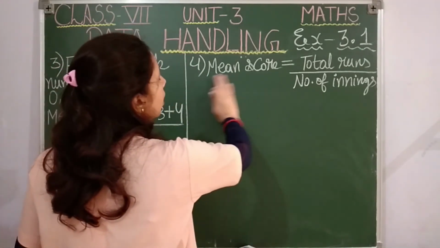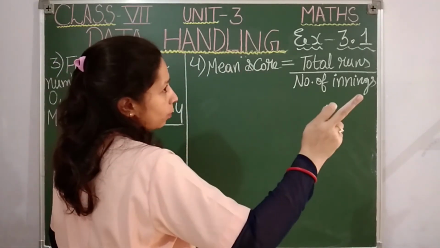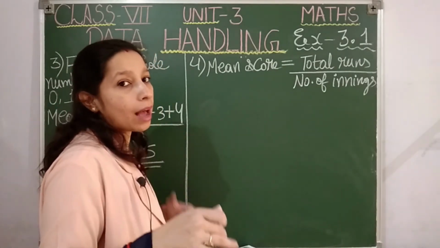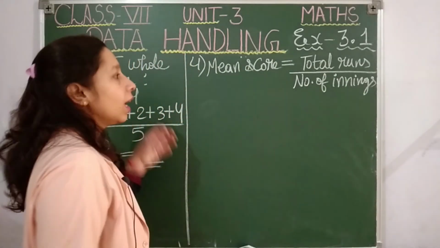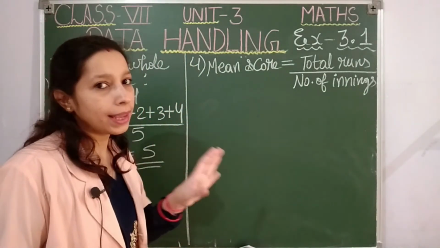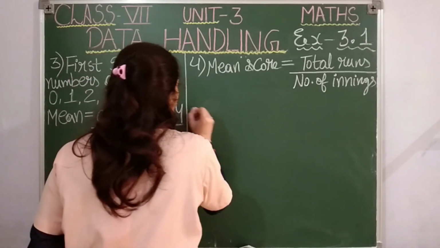Here simply I have written mean score is equal to sum of all observations, students. What is the observation here? Runs. That's why I have written total runs upon number of innings. These many runs he has scored by playing 8 innings. So, let us find the mean now, students.